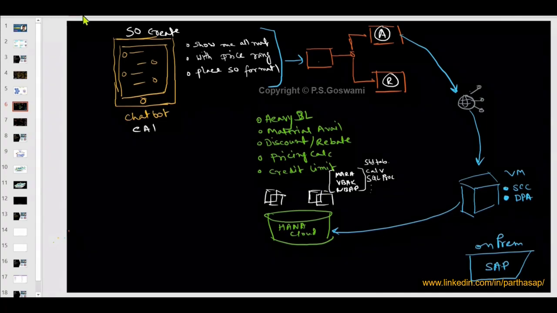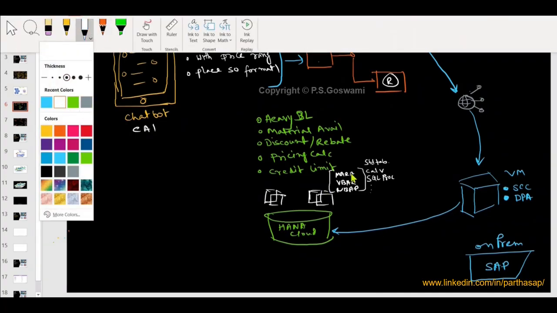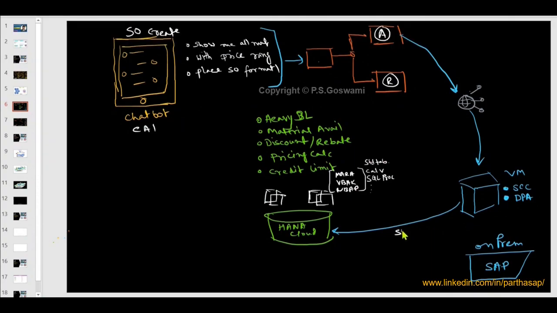And here let me just bring in this SDI. In between we have this SDI technology, and this particular SDI connection will happen through the remote source. That remote source we can configure in HANA Cloud. That also we have seen in our last session.